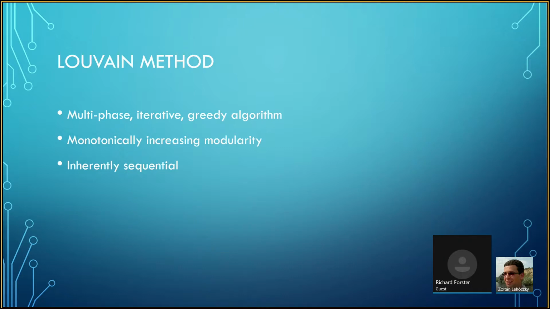This is monotonically increasing, which means that we are getting new communities based on the increase of the modularity. So we will try to see better results in each iteration, and we will not try to go back. This is basically a sequential algorithm, but based on analytics, we were able to parallelize it.